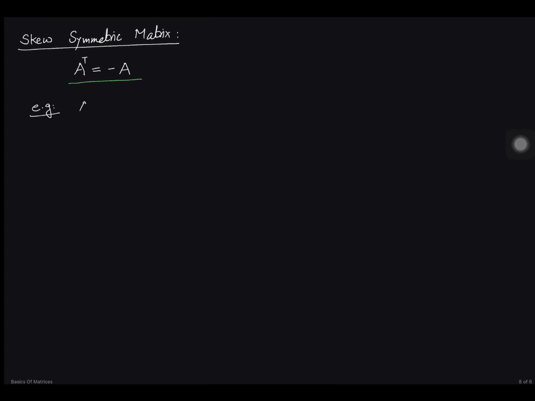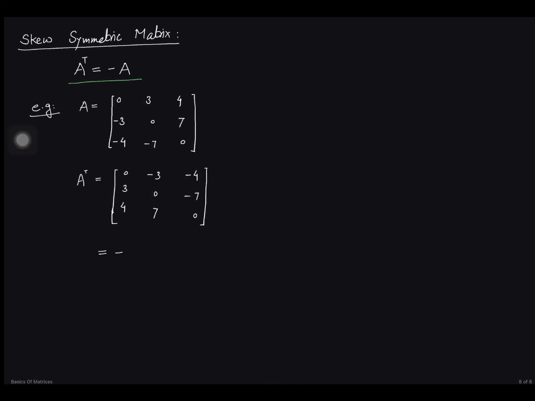Suppose you have a square matrix A. If you take its transpose, first row will become first column, second row will become second column, third row will become third column. It is nothing but minus times A. So A transpose is minus A. The condition is satisfied. It means that this matrix is a skew symmetric matrix.